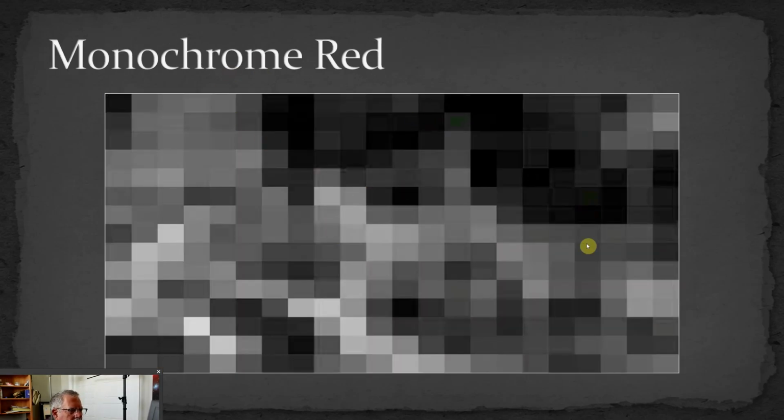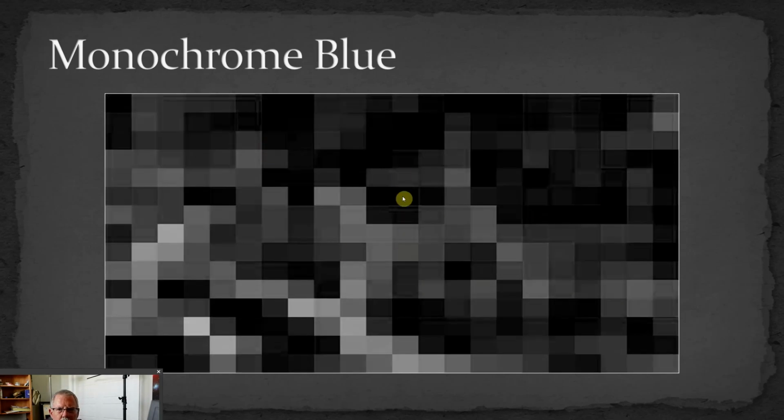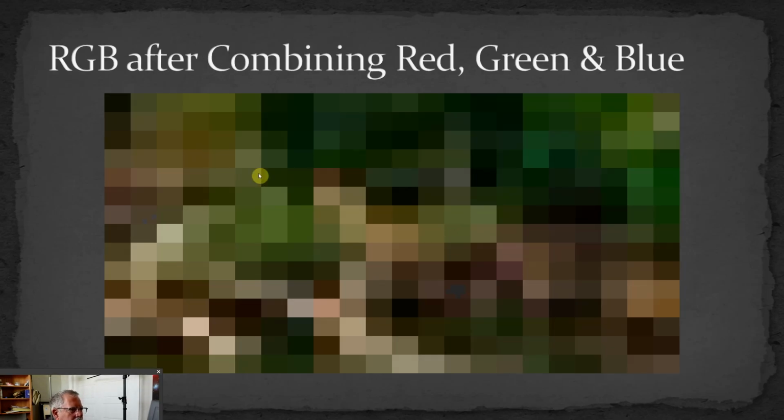So in this example, you wind up with 3 monochrome images. You wind up with an image representing all the red that was taken through a red filter, all the green that was taken through a green filter, and all of the blue that was taken through a blue filter. And then when you combine those into a single RGB image, you come up with that same or very similar color image.